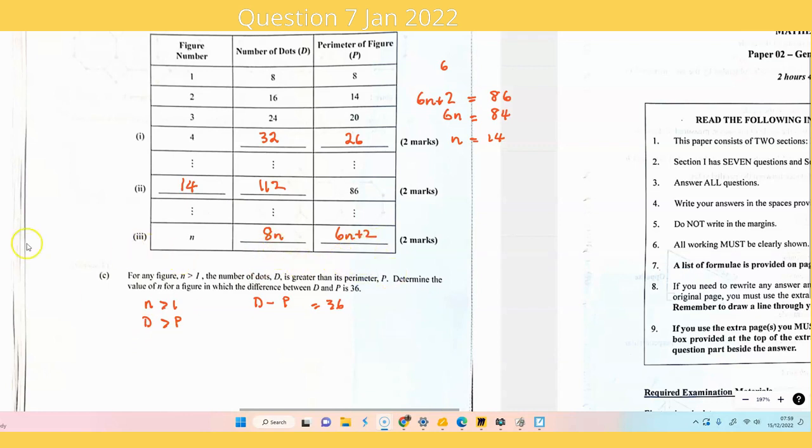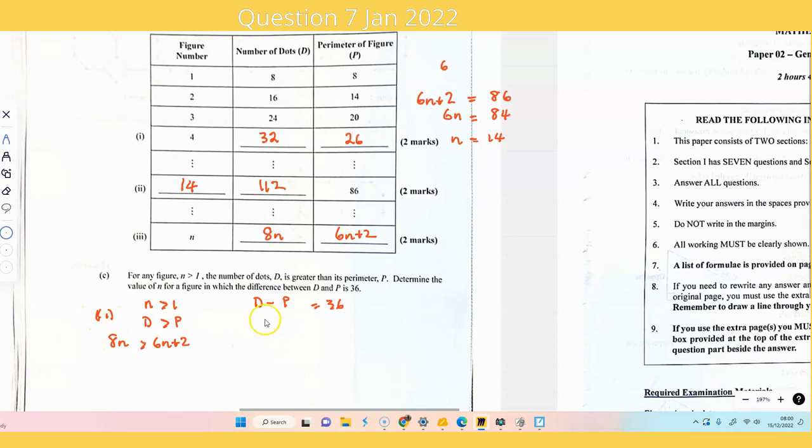With this, D is greater than P, we can write 8n is greater than 6n plus 2. So let's write that down. We're just using all of the information that is given to figure this out. So we would have 8n is greater than 6n plus 2, and that's from this information here.